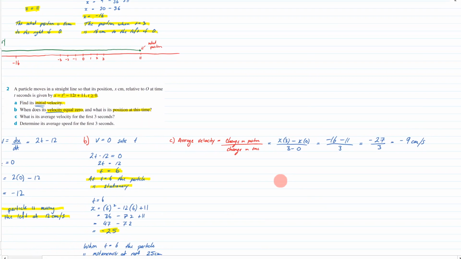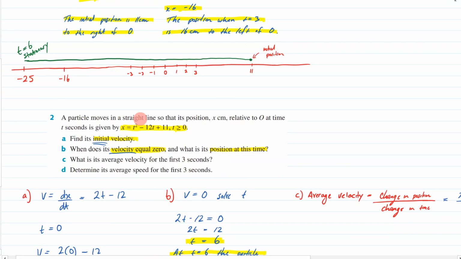So if we look here for a second and picture where I'm moving from, I'm going from here to t is equal to 3, which is at negative 16. And I'm saying from here to here, my average velocity is negative 9 centimeters a second. And notice how that's also giving me the direction it's moving in as well, that negative.